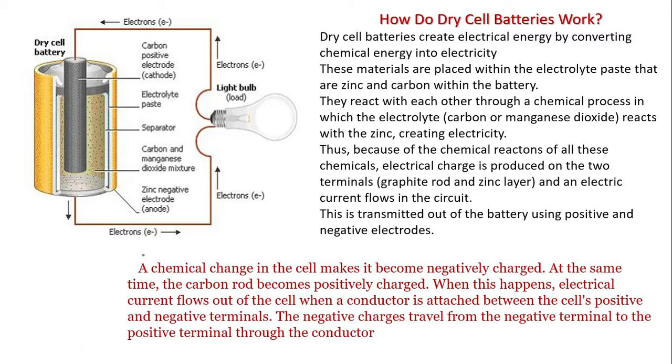A chemical change in the cell makes it become negatively charged. At the same time, the carbon rod becomes positively charged. When this happens, electric current flows out of the cell when a conductor, that is a wire made up of a metal, is attached between the cells, from the positive terminal towards the negative terminal.